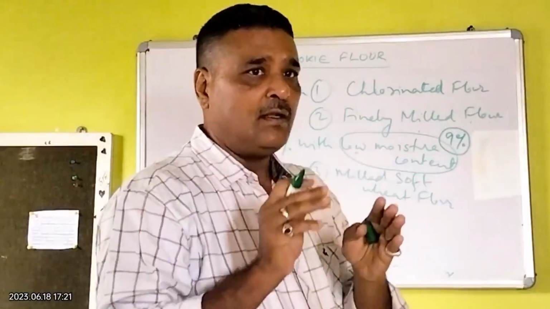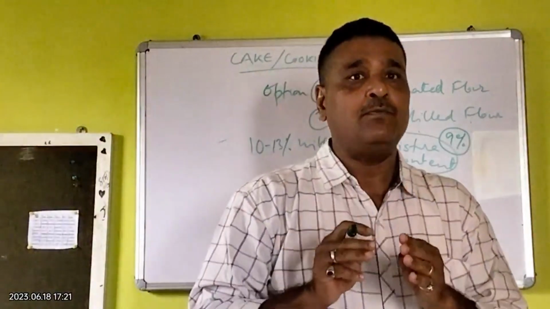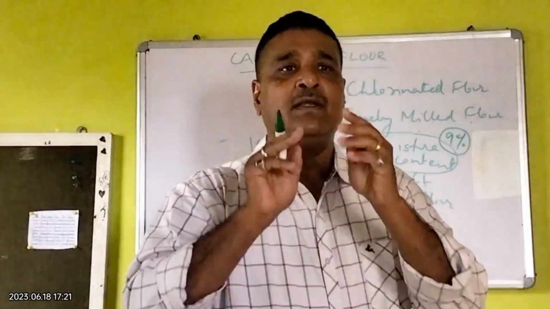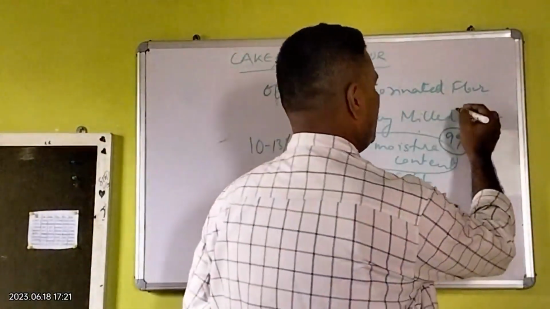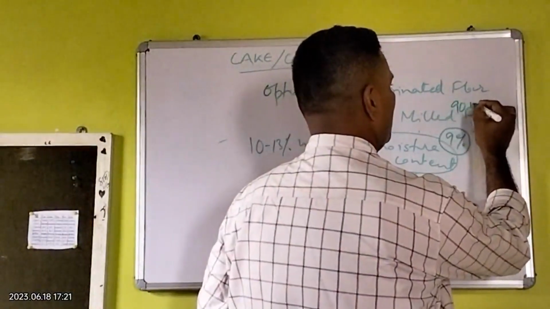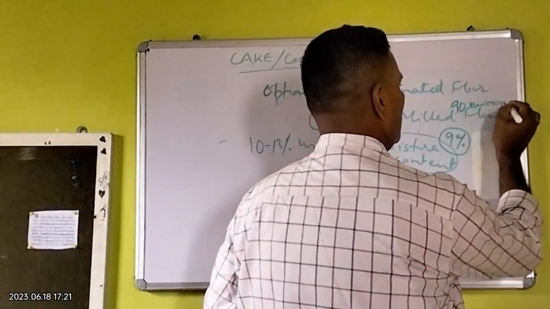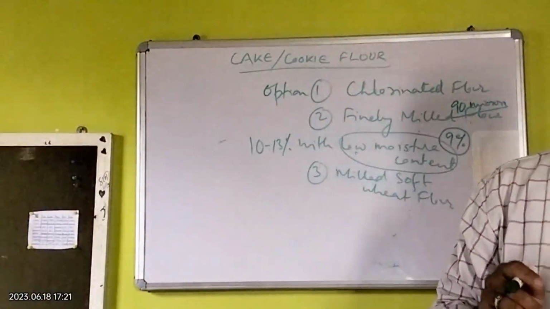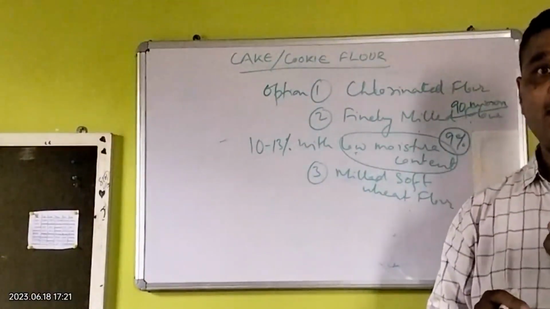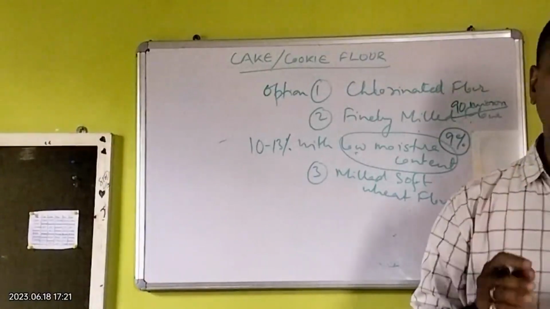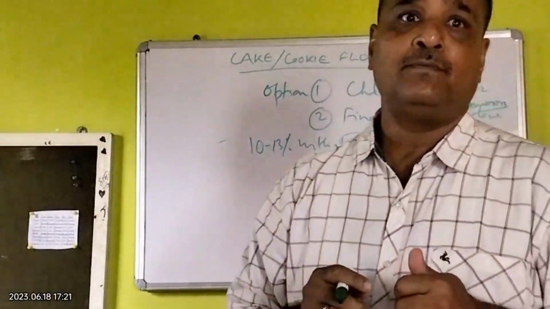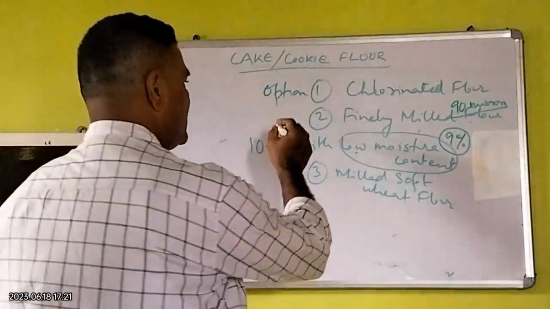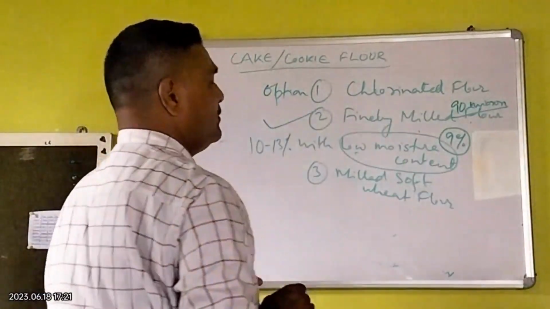The miller should have a special equipment to reduce the particle size of the flour. And what is the particle size? 90 microns. And how can he do it? A special equipment is required, called a hammer mill, rotating at almost around 10,000 RPM. So this is one area to look into.